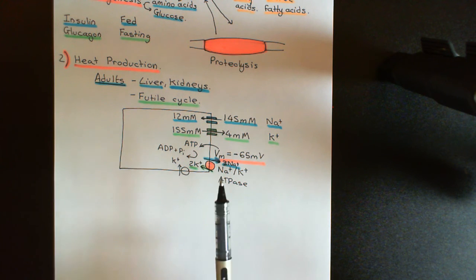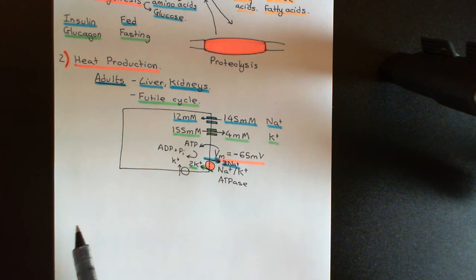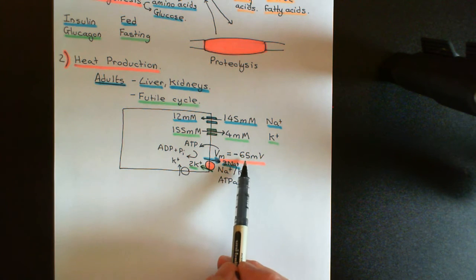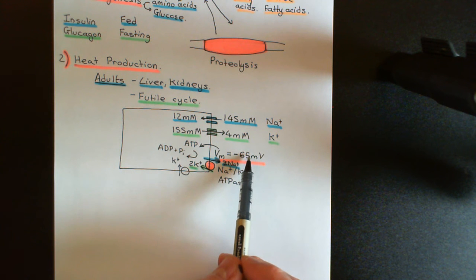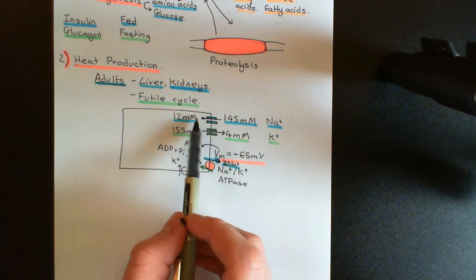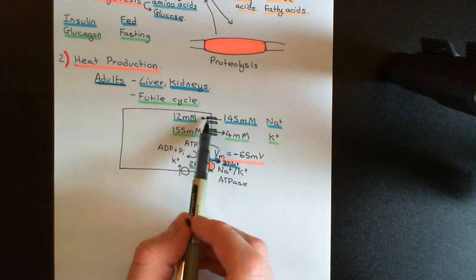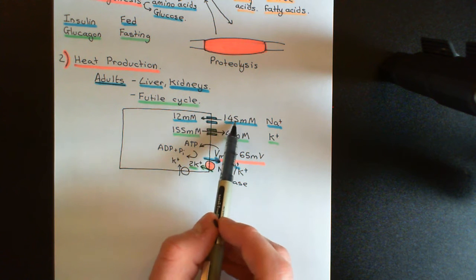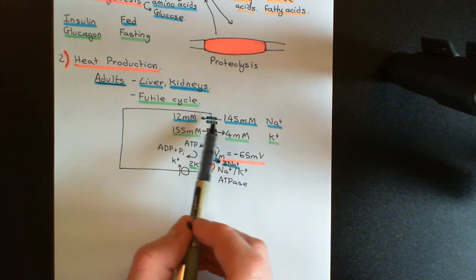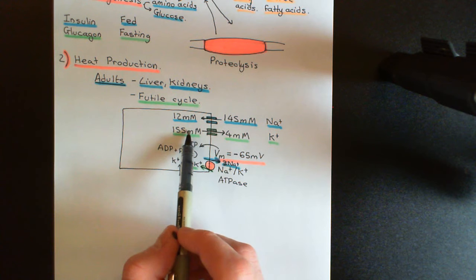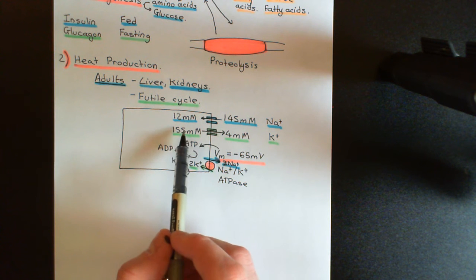So to summarize then, the normal ionic equilibriums and the equilibrium of the resting electrical potential difference across the cell membrane. Normally the resting membrane potential is negative 65 millivolts, and remember, this is the electrical potential difference across the cell membrane that you need to have for the amount of sodium that is coming in due to its concentration gradient to equal the amount of potassium that will be moving out due to its concentration gradient.